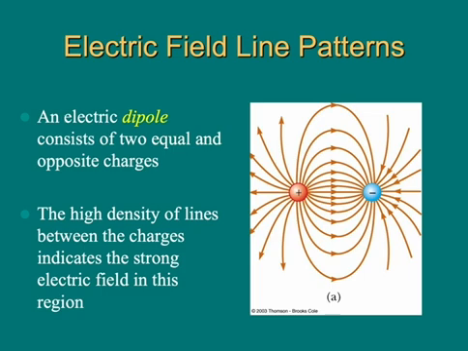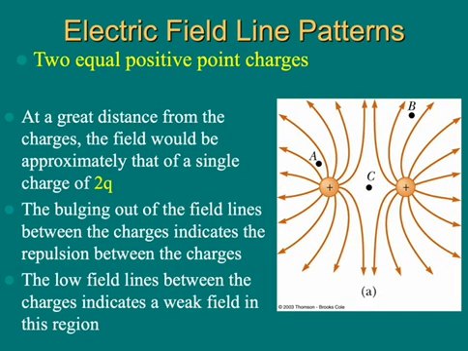That's what it looks like, and we can see electric field lines start from the positive charge and end at the negative charge. You can also see the density of field lines is much higher closer to the positive or negative charge, and is smaller far away from the source charge.